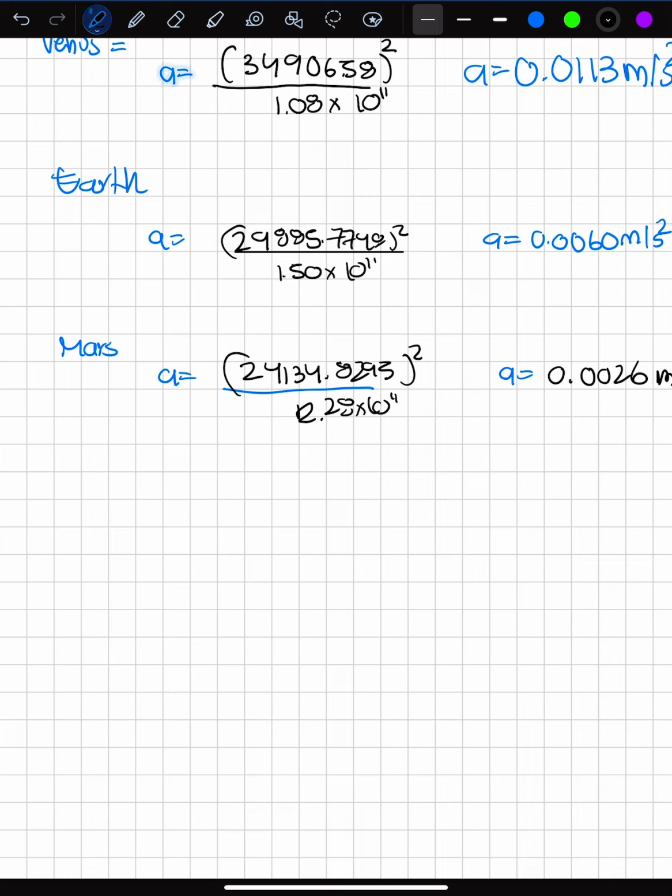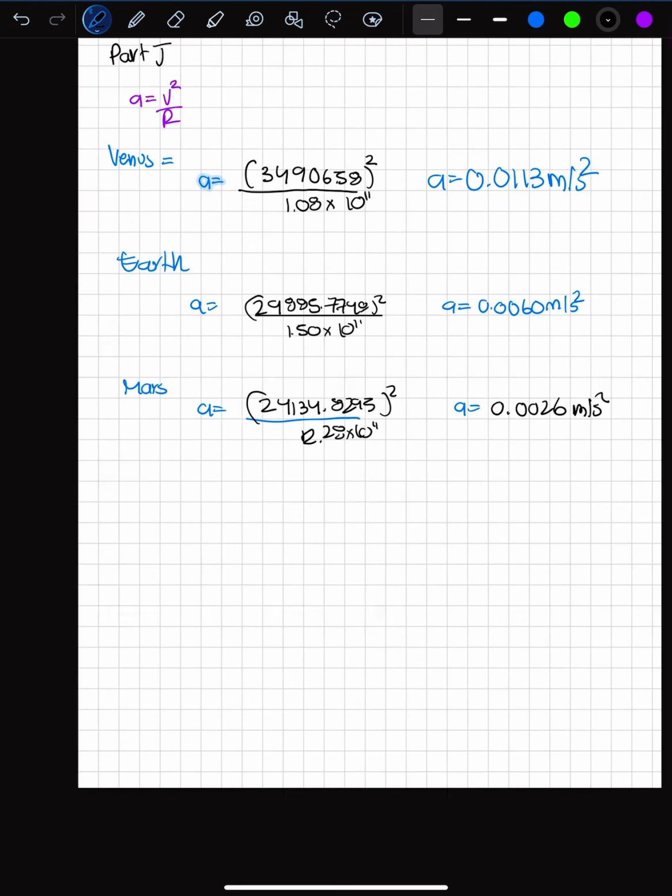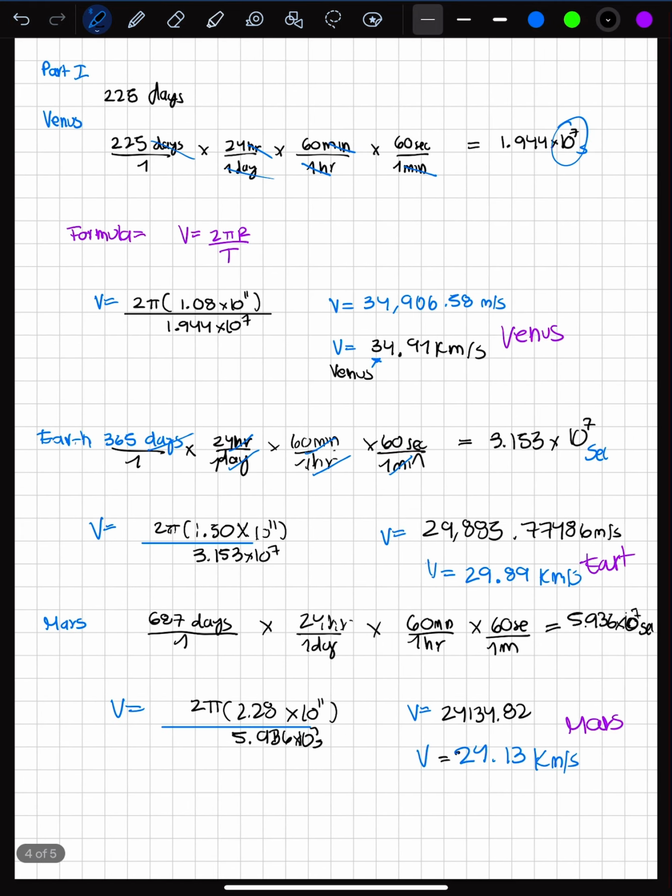Part K is then asking us, as the size of the planets' orbits increases, do the speed and the centripetal acceleration increase or decrease? So let's look at the speed. When we look at Venus, it starts from 39. Then when we go to the Earth, it goes to 29. Then we go to Mars, and it goes to 24. So when we see a pattern, we can see that the speed decreases.